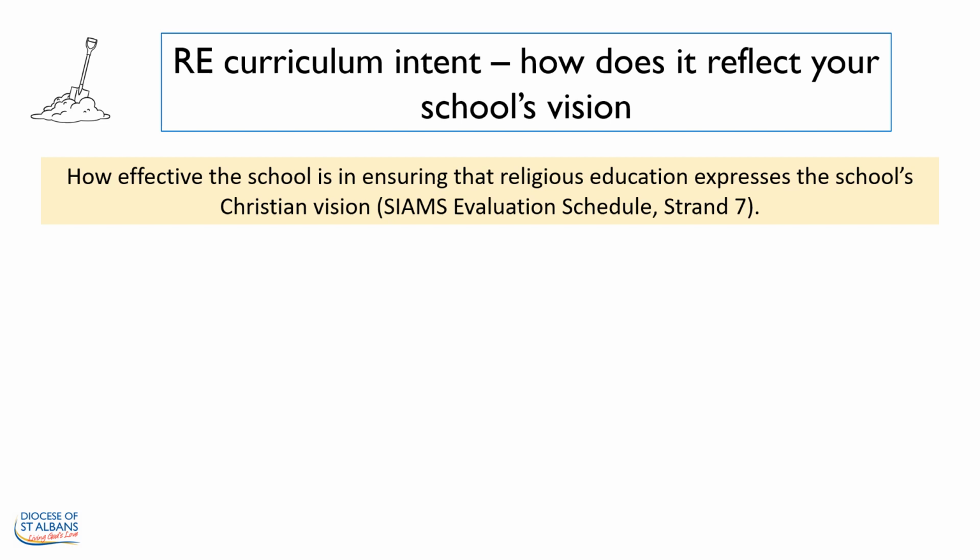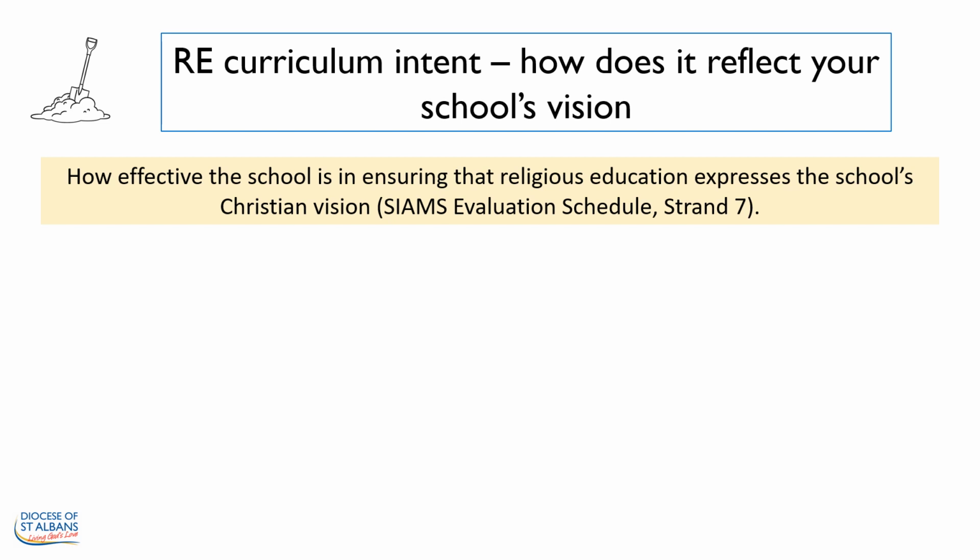So we have to think about what our intent for the subject is, but really importantly for Church of England schools, how that reflects our school's vision. Now in strand 7 of the Symes evaluation schedule, one of the first bullet points is this one here in the box at the top. How effective the school is in ensuring that religious education expresses the school's Christian vision.